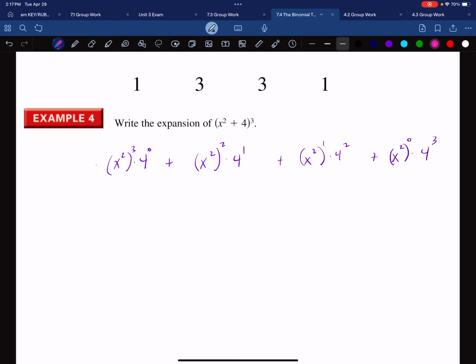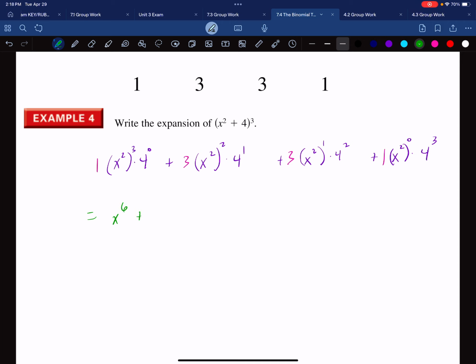So that's going to be 1, 3, 3, 1. And then to write the final answer, we're just going to multiply everything out. Well, 4 to the 0 is just 1. X squared to the third power of a power we multiply, so that's x to the sixth, right?